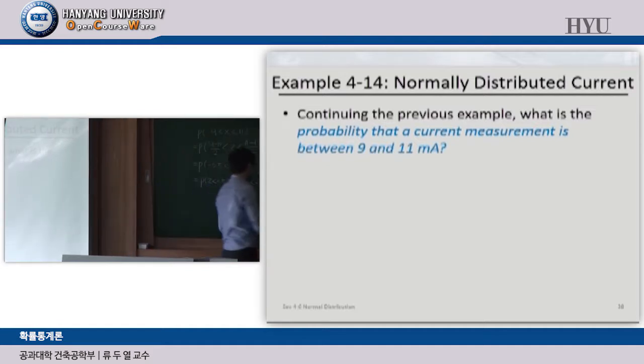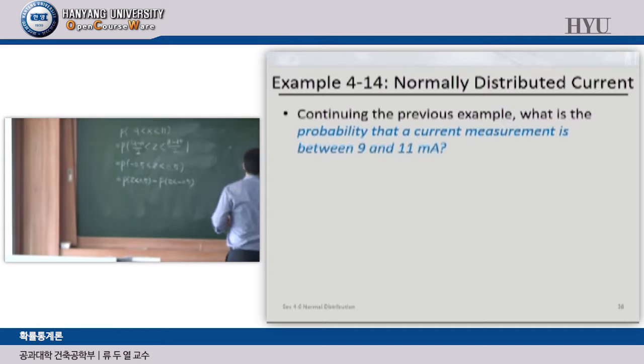For this case, we have to calculate this shaded area.